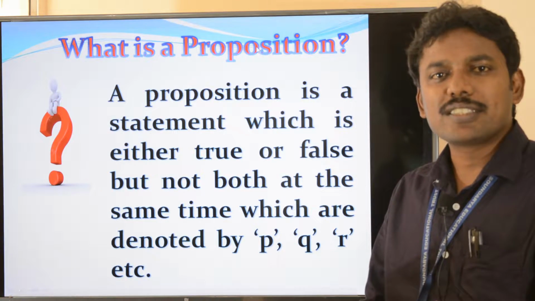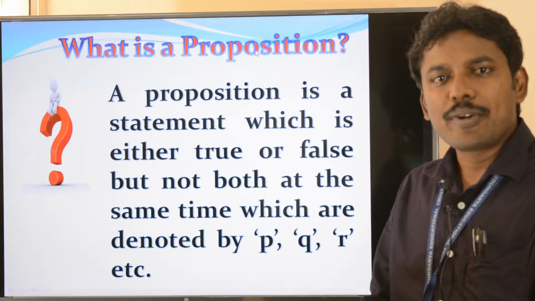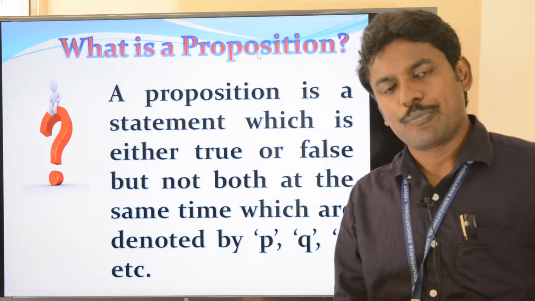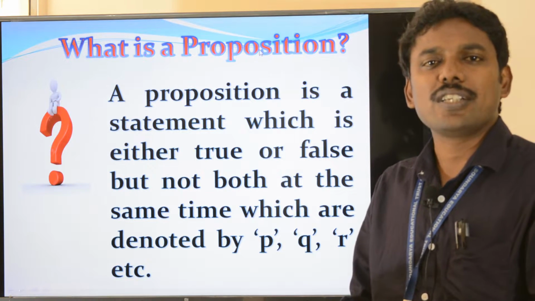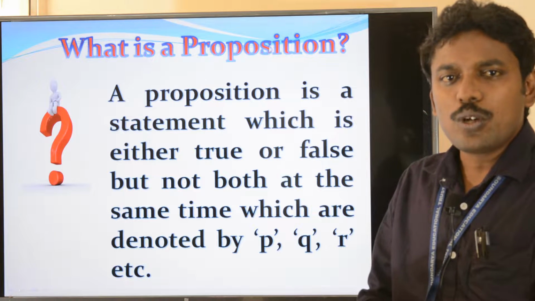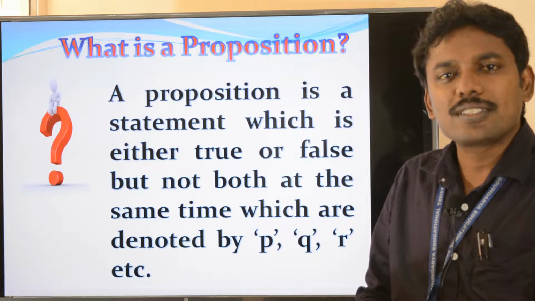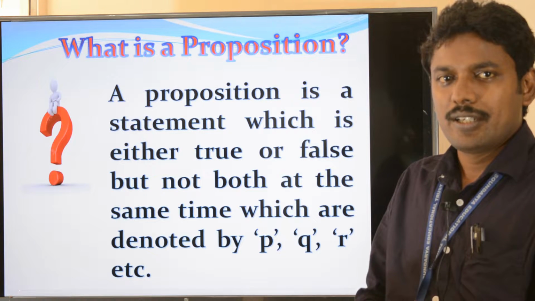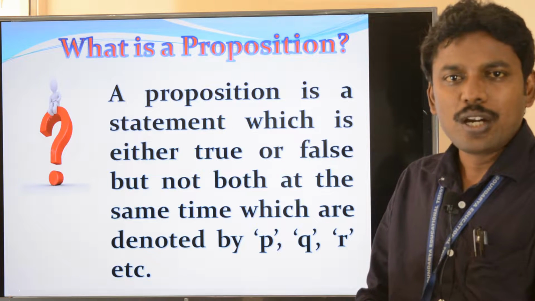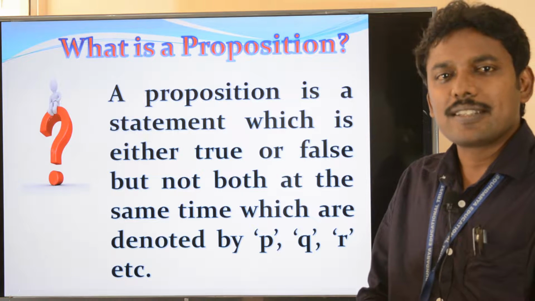The first concept in the chapter is proposition, one of the elaborated concepts. And what is a proposition? Proposition is a statement or a sentence which is true or false, but should not be both true and false at the same time. So you can consider any sentence, it should be either true or false, but should not be both true and false at the same time.